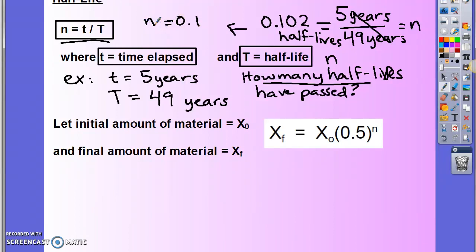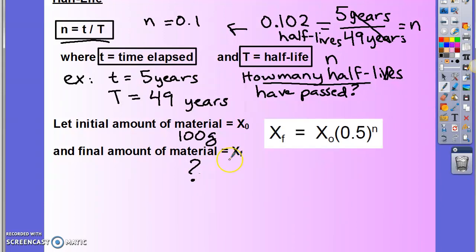Alright, so if we started out with, say, our initial amount of material, let's say our initial amount of material is 100 grams. And we want to know how much material is left after these 5 years. So after we've passed 0.1 half-lives, since our half-life is such a long amount of time.